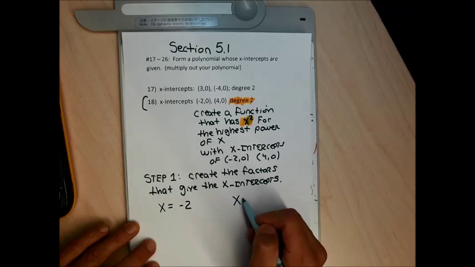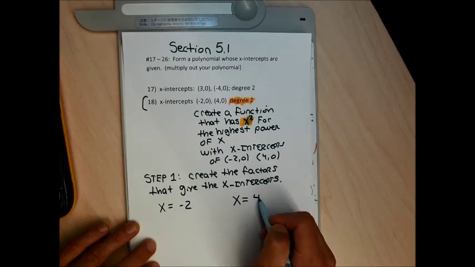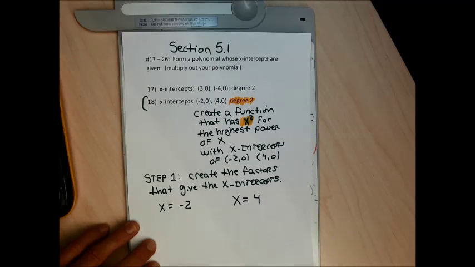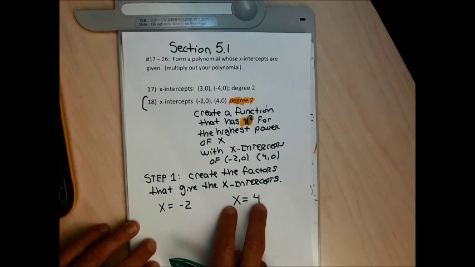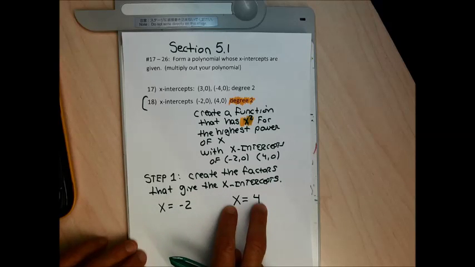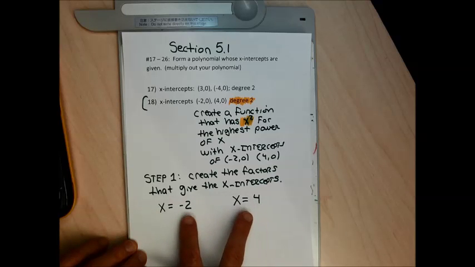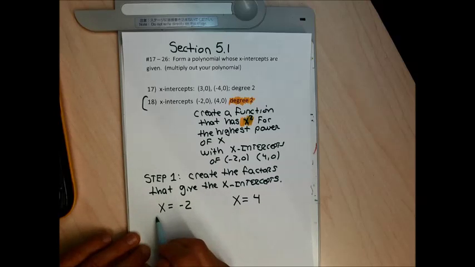Similarly, the algebra that would give me an x-intercept of 4, 0 would have x equal to 4. Of course, we create x-intercepts by taking factors and setting them equal to 0. This would be the result of setting a factor equal to 0, but it doesn't show me the factor that gave that x-intercept.